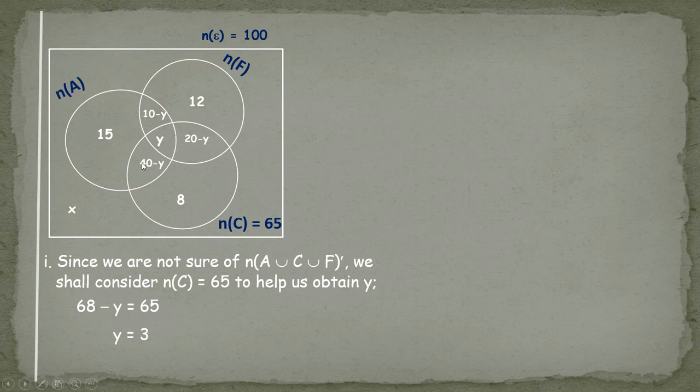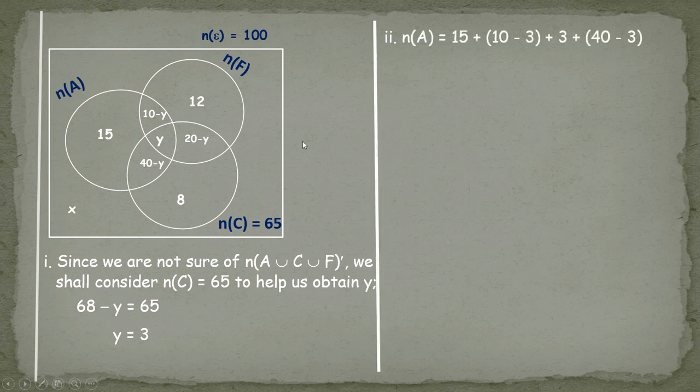So once we take the equation for computer, we shall add this. You can come up with this equation, write it somewhere. 40 minus y plus 20 minus y plus 8 is equal to 65. We shall get the value of y as 3.